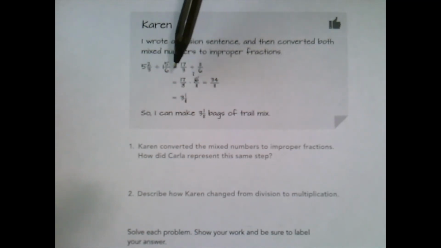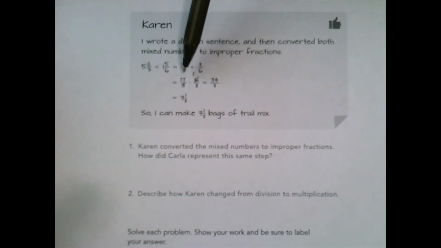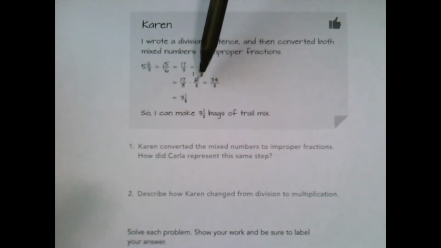And we keep our original denominator, which is a 6, so 11 over 6. Now, we can do our keep, change, flip method. So we keep 17 over 3, we change the division symbol to a multiplication symbol, and we flip, we give the reciprocal of 11/6. The reciprocal of 11/6 is 6 over 11.